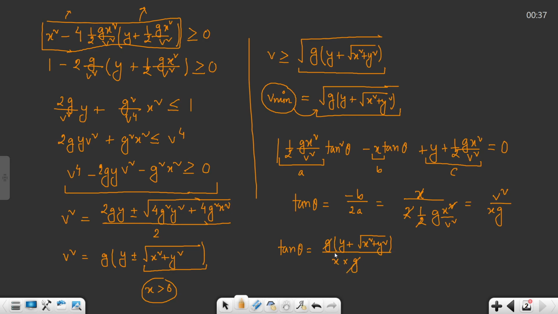You get these things cancelled out. So the remaining portion for theta is y plus root over x squared plus y squared divided by x. So from here you can easily figure out the value of theta, but we can also simplify this thing a little bit more.